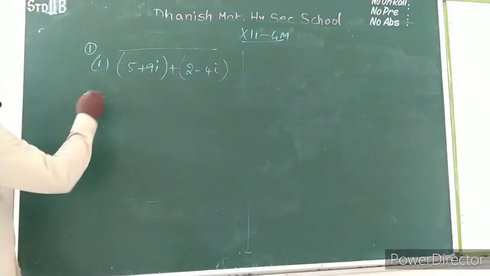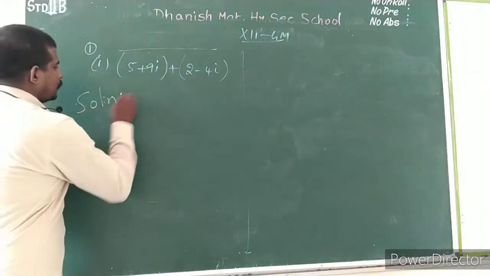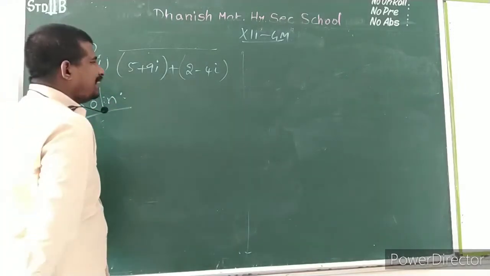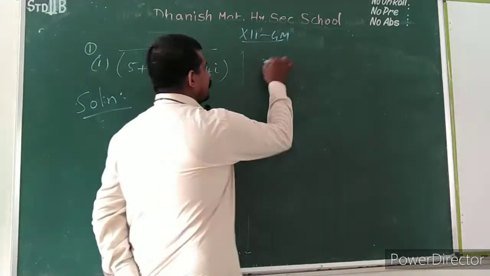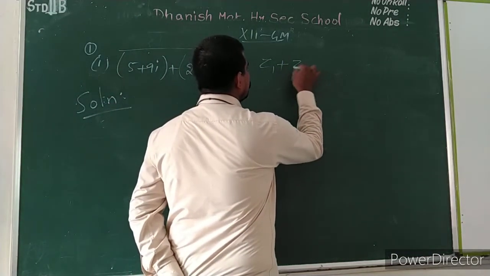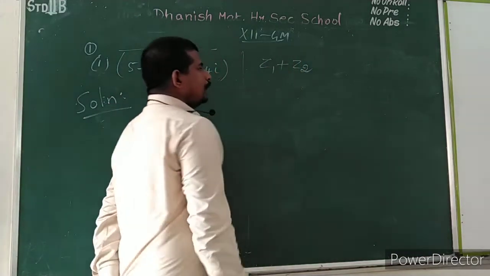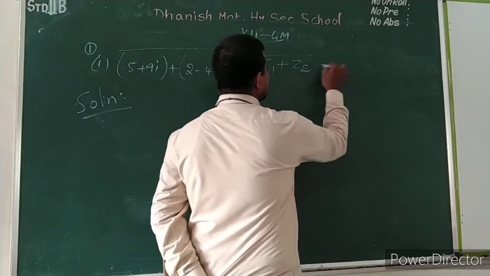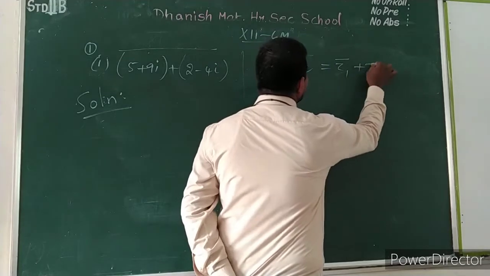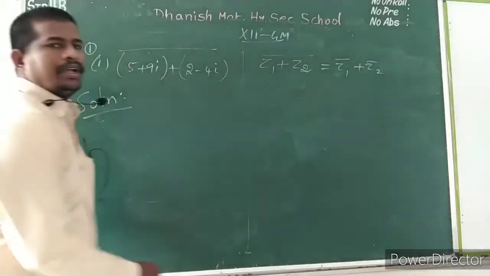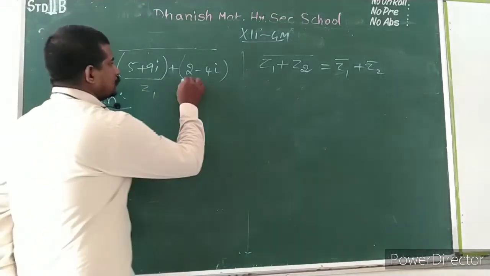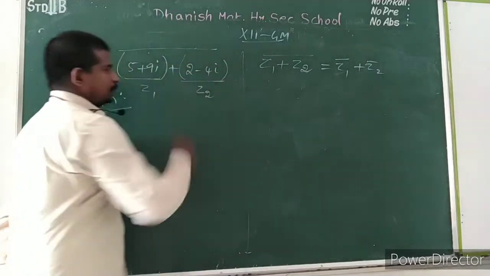Now we are going to express the given term in rectangular form. For that I am going to use the property of complex numbers, (z1 plus z2) bar equals z1 bar plus z2 bar. Here you can consider the first complex number as z1 as well as the second number as z2.